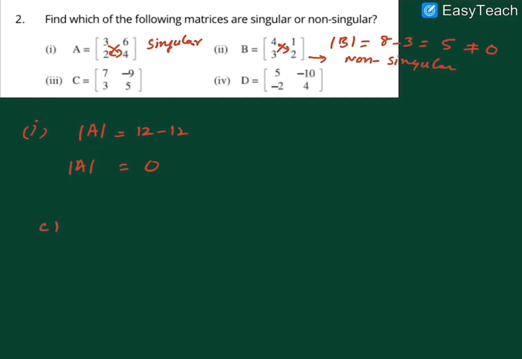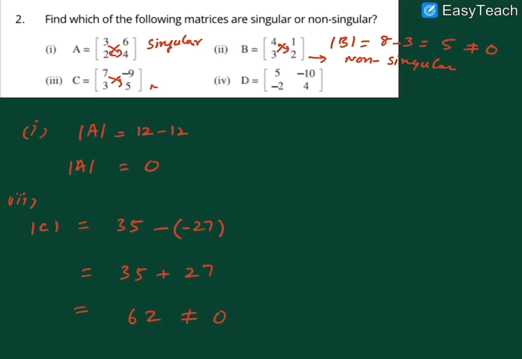What about C determinant? This is part 3. C determinant: 7 times 5 is 35, minus negative 27, so 35 plus 27, which is 62, which is not equal to 0.